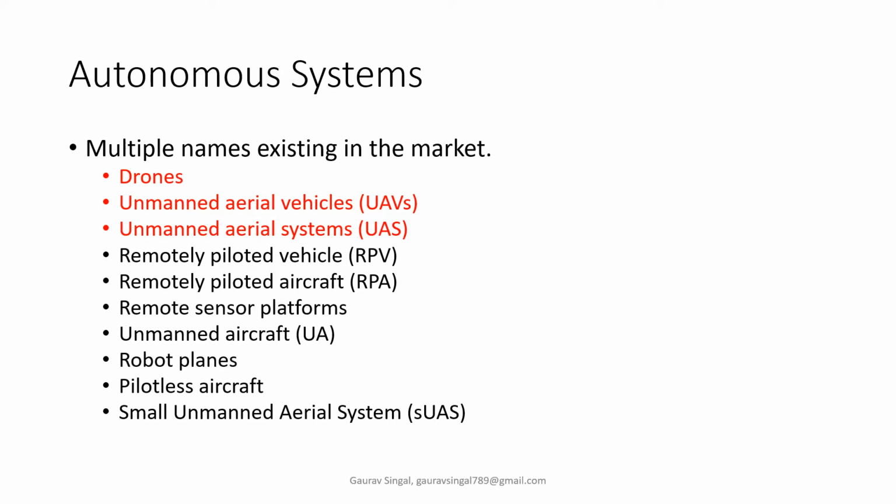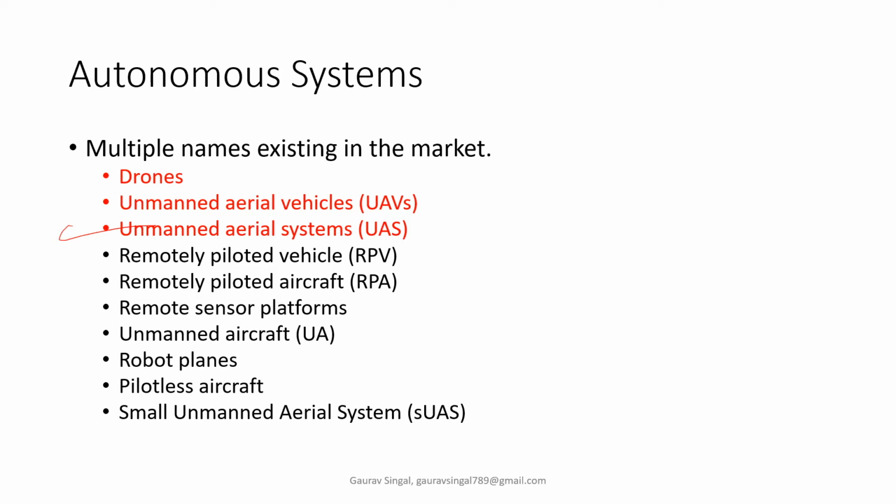But in the market you will see drone is more famous than UAV. Okay. So you can see one name is unmanned aerial vehicle, UAV, that we told you at the start of the lecture. Third one is unmanned aerial system. It's UAS.